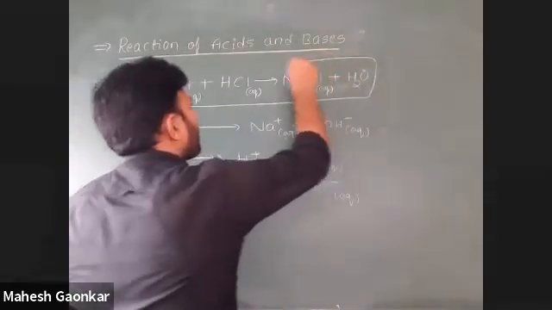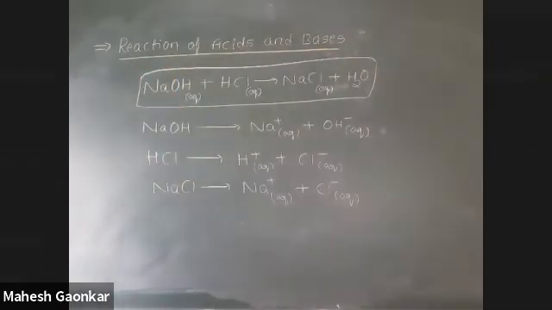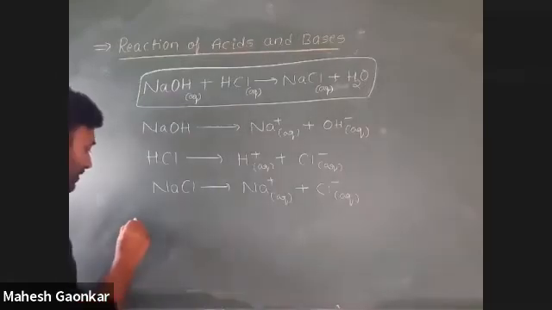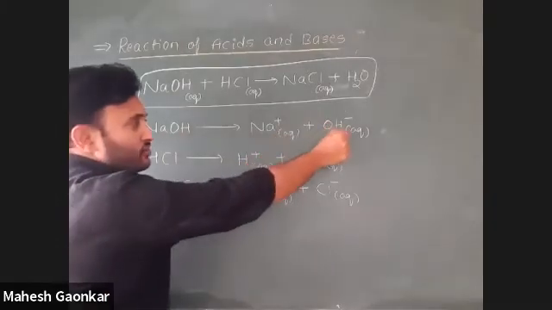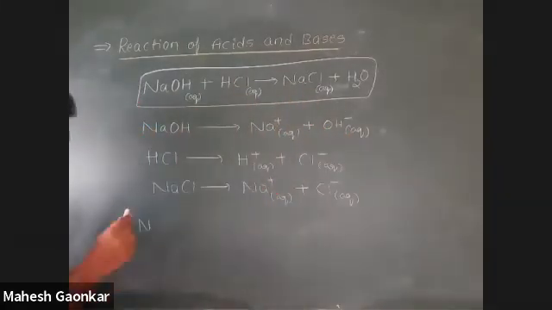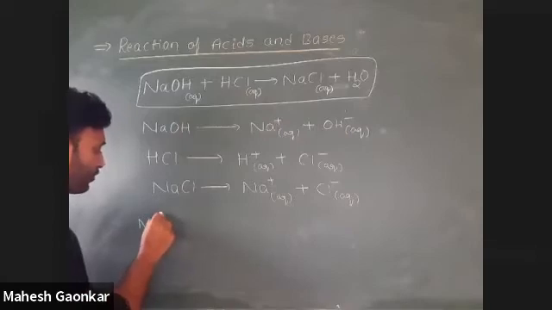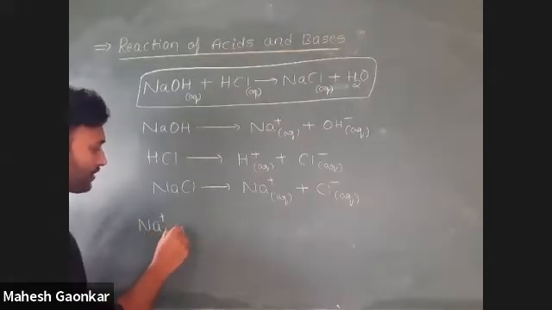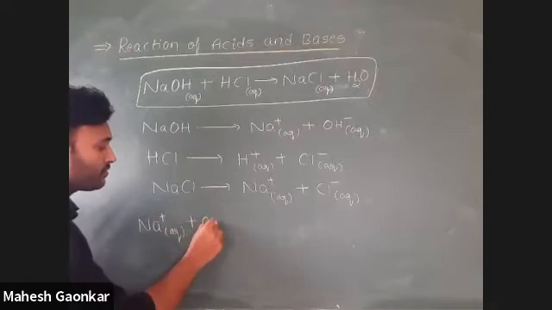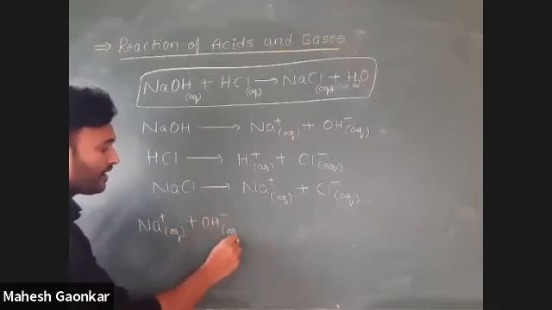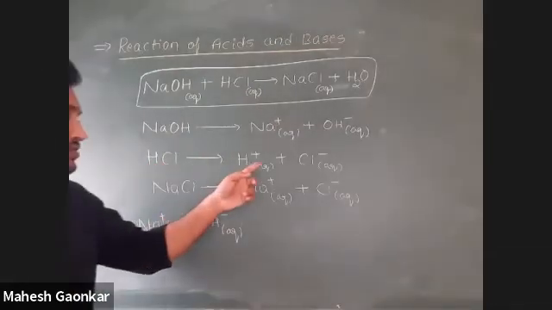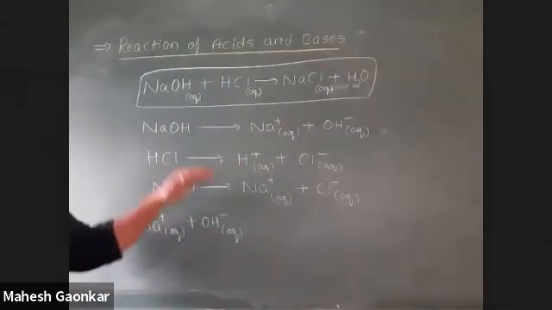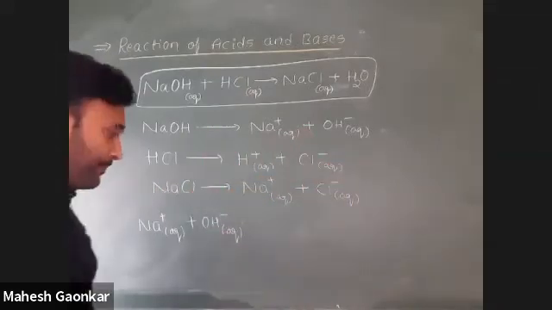Now this reaction, NaOH plus HCl gives NaCl plus H2O, can also be written as NaOH dissociating into Na plus aqueous plus OH minus aqueous, right? Then HCl means H plus aqueous plus Cl minus aqueous, because in aqueous solution they dissociate completely.